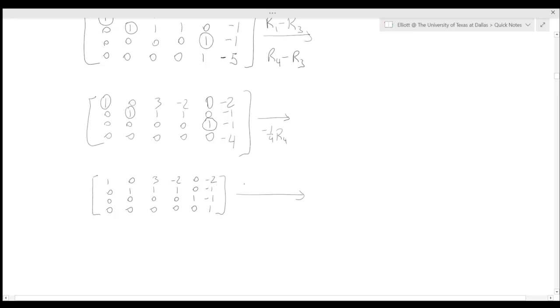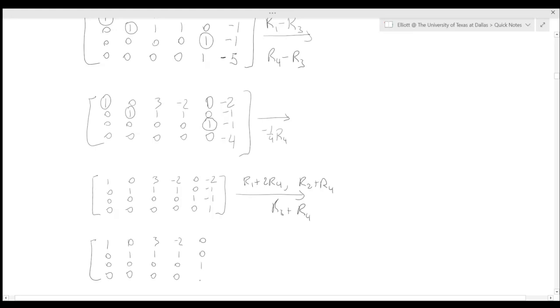And then finally, if we just now do row 1 plus 2 row 4, so using the pivot to eliminate the -2, as well as row 2 plus row 4 and row 3 plus row 4. That will finally give us the reduced row echelon form of the matrix A.